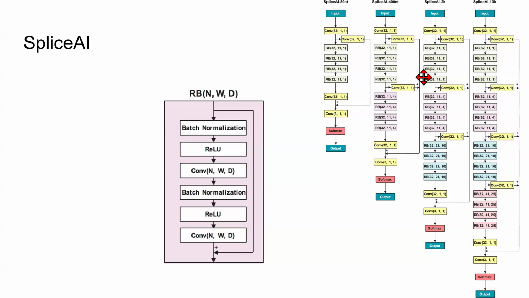But if we look at the 10K model, it basically has the 80 nucleotide model built in, and then it goes into another block, but now with a larger value for this D parameter, and D is dilation.